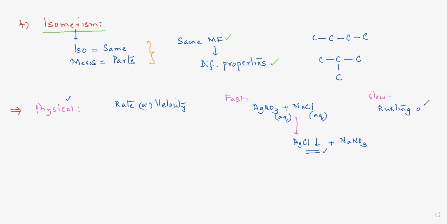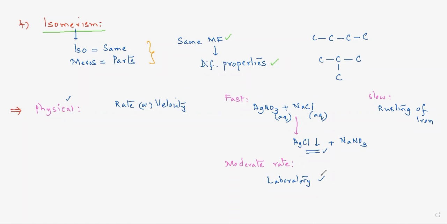And of course, there are wide varieties. We'll discuss all of them later. But see, there are reactions which occur with a moderate rate. Most of the chemical reactions which we carry out in the laboratory are reactions which take place with a moderate rate, unlike the fast reactions which take place in a fraction of a second, or unlike the slow reactions like the rusting of iron, which occurs in months.